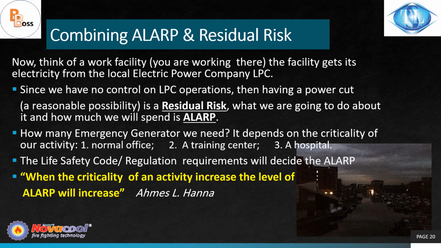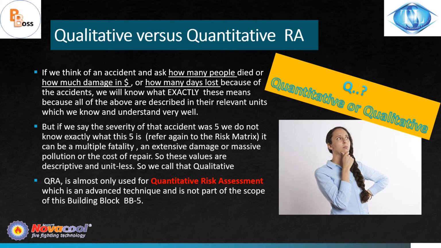And I can tell you a simple thing: when the criticality of an activity or facility increases, the level of ALARP will increase. Obviously, in the case of a hospital, we will require a lot of things to cope with the requirements of the hospital.